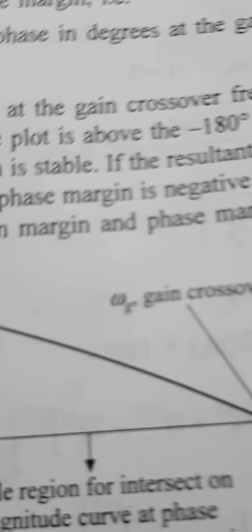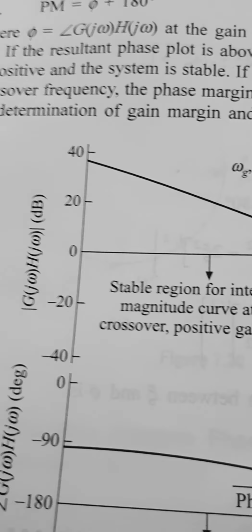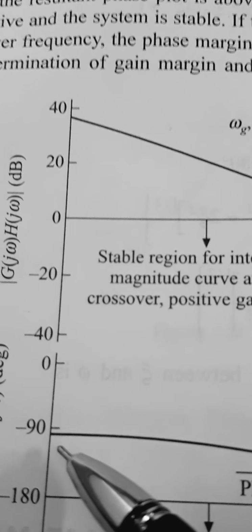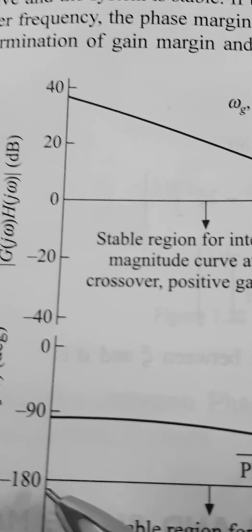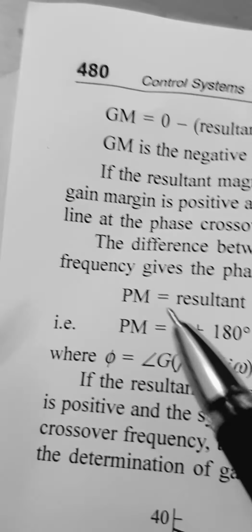For example, in this case, this is the gain crossover frequency; you draw a line to the phase. Here you get around minus 100, and minus 100 plus 180 degree gives around 80 degree. So that is the phase margin.